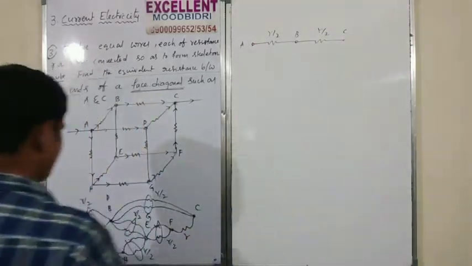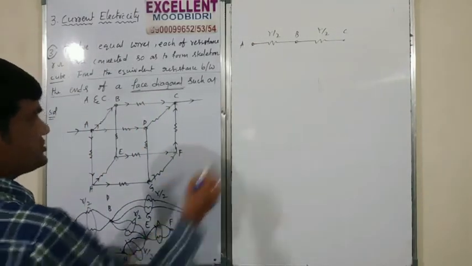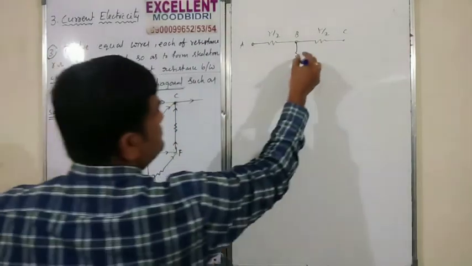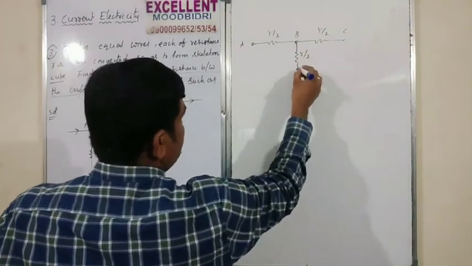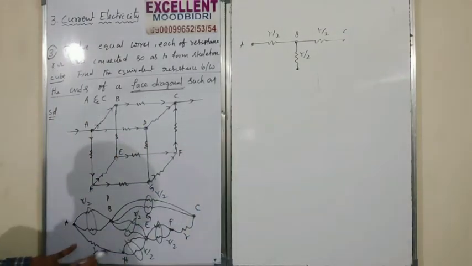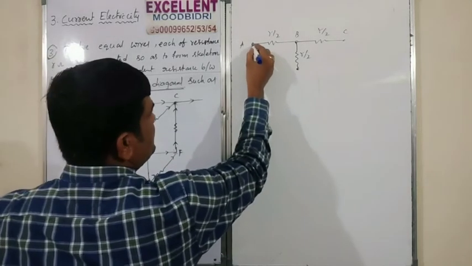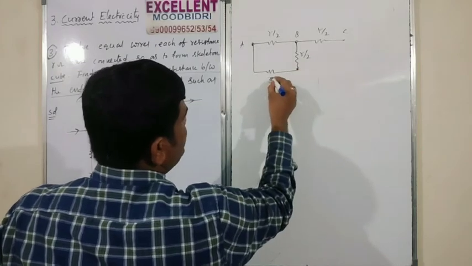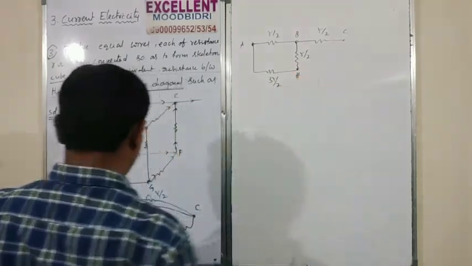Next here, H, here between, how much? R by 2. So next here, total R plus R by 2. This is R plus R by 2, 3R by 2, right? So now here we have 3R by 2. H I will give you like that only.